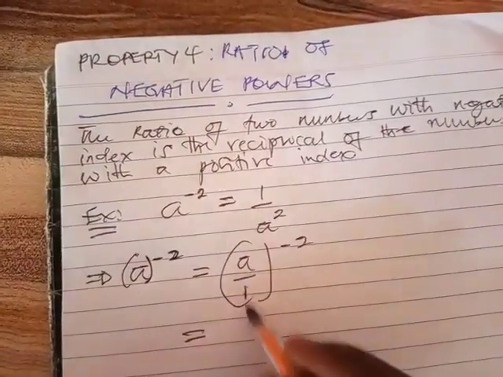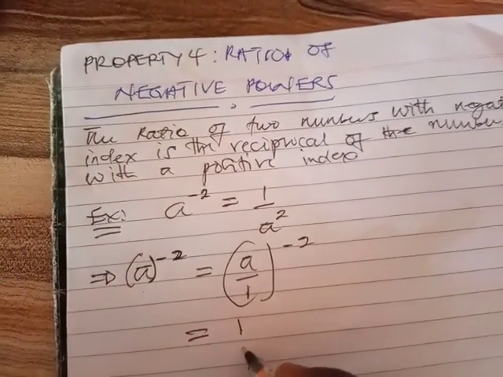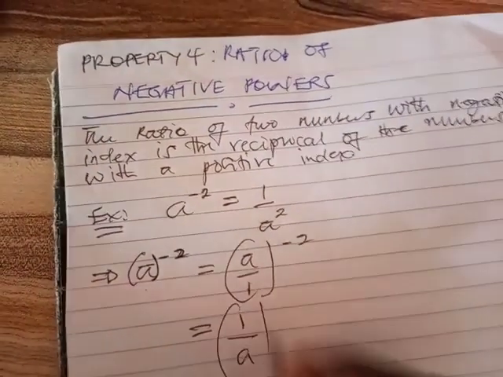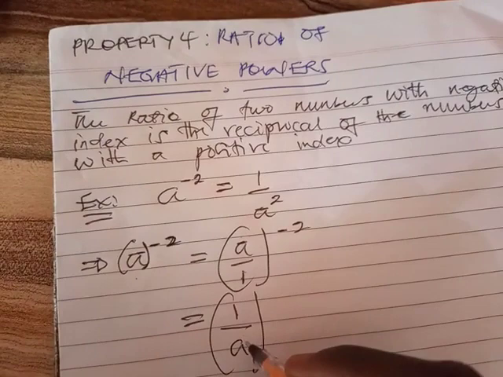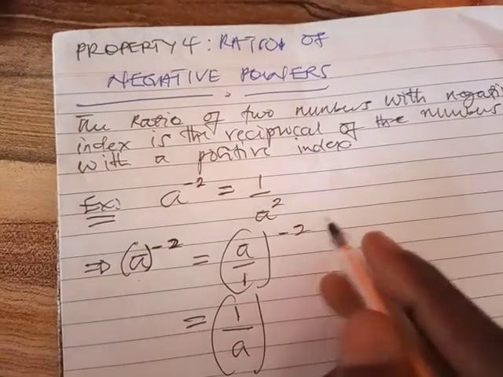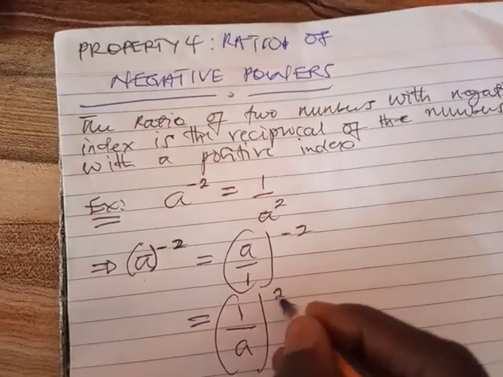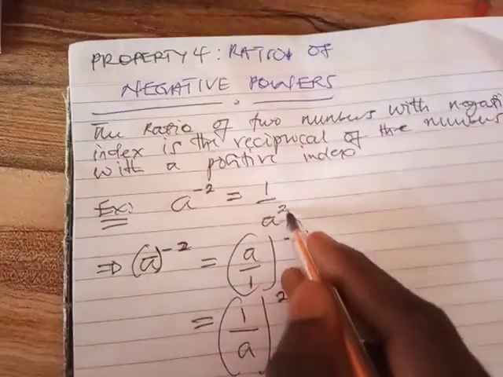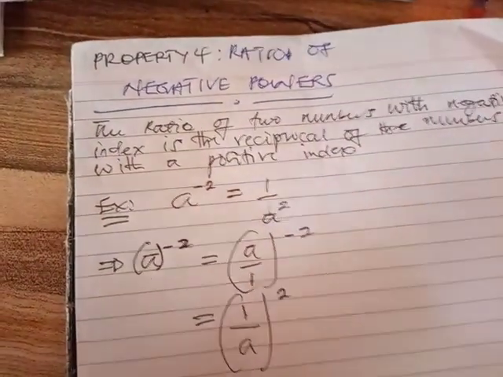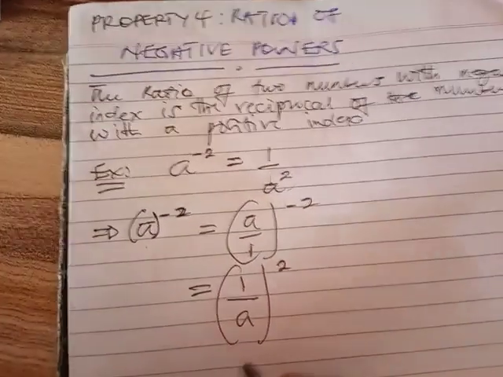Now when you reciprocate this, the moment you reciprocate, this index changes to positive 2. We are hitting back here. We want to get this answer from what we know previously.